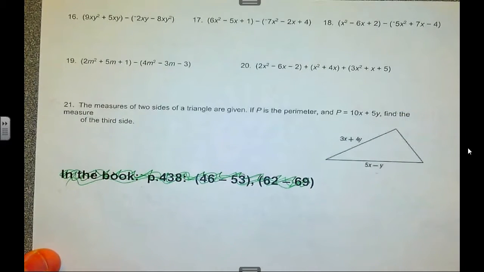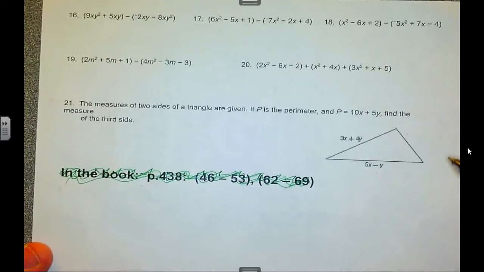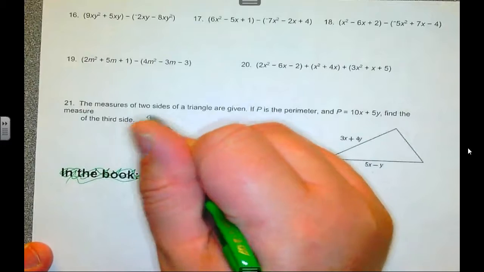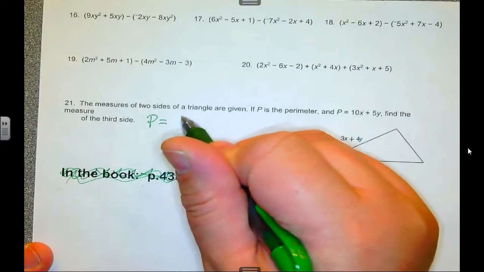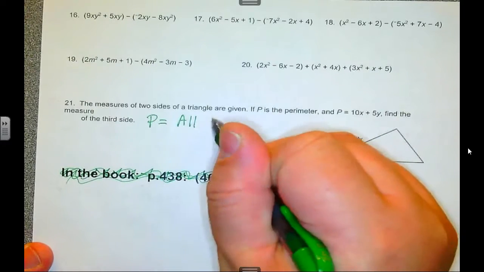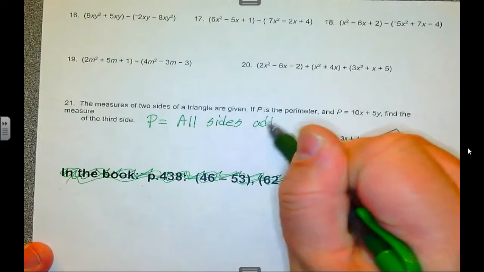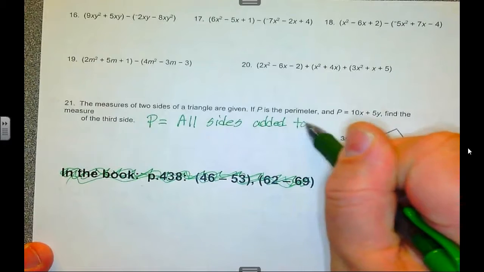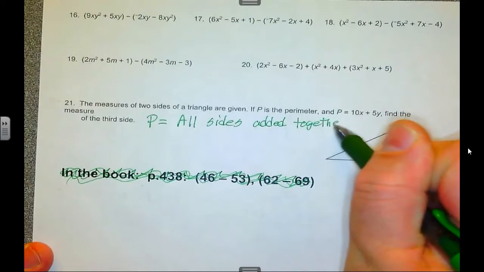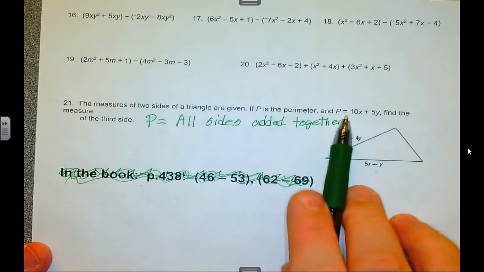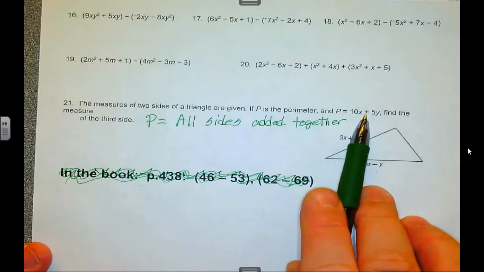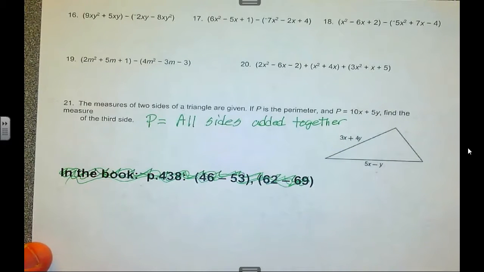Well, the perimeter equals all sides added up, right? I know the perimeter is 10x plus 5y.